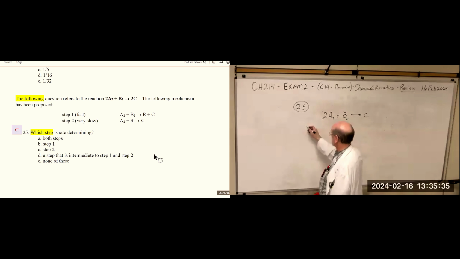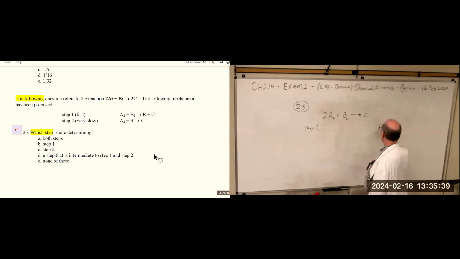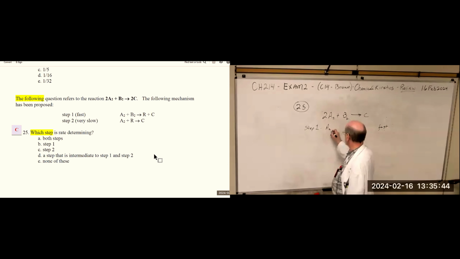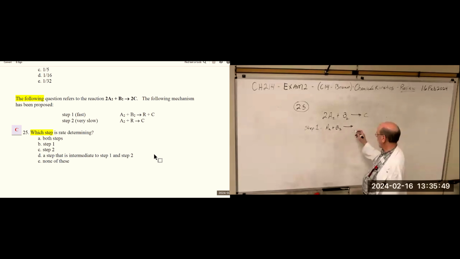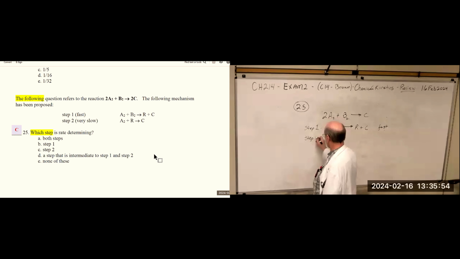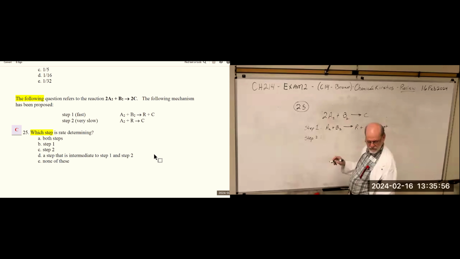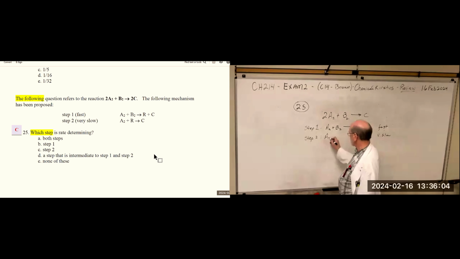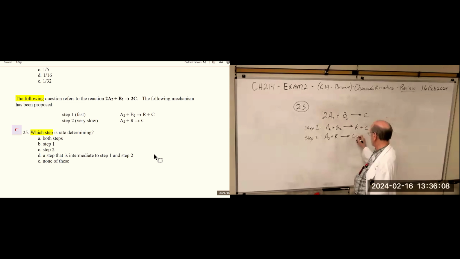Step 1 is fast: A sub 2 plus B sub 2 yields R plus C. And step 2 is very slow: A sub 2 plus R, where R is an intermediate, yields C.